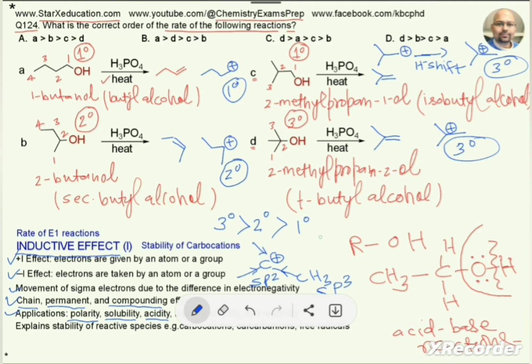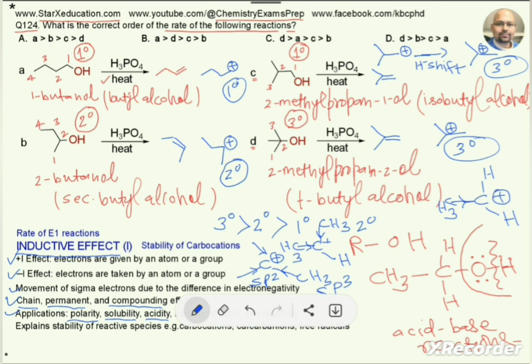Now, if we see the secondary carbocation here, it has actually two carbon chains, and therefore the stabilization by inductive effect is less in case of a secondary carbocation. And if we have a look at the primary carbocation, it has only one carbon chain that stabilizes the carbocation.